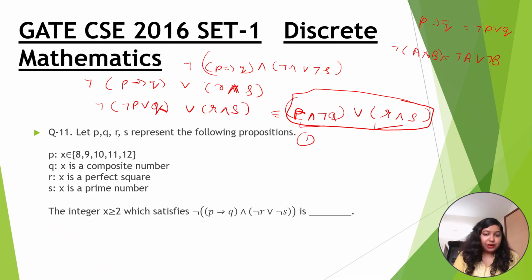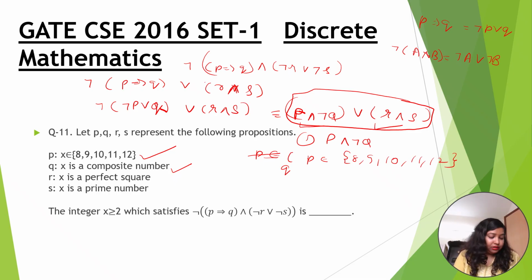First part: P and not Q. P belongs to this set, Q belongs to this set. Out of this, P can be 8, 9, 10, 11, 12.